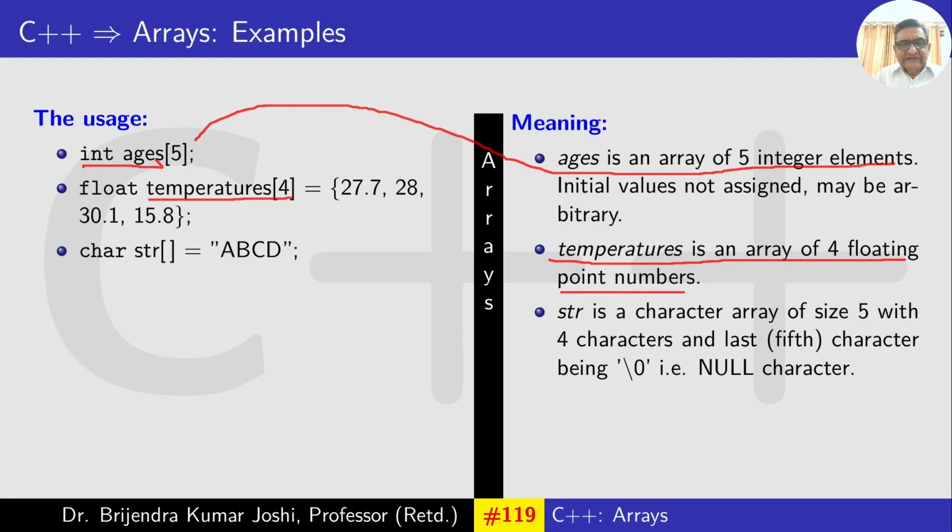And the last one is char str with abcd. So str is a character array of size 5 with 4 characters and the 5th character being the null character. So the first 4 characters would be abcd, occupying 4 bytes, and the last character would be the null character, which is nothing but NULL in capital letters, or within single quotes \0.